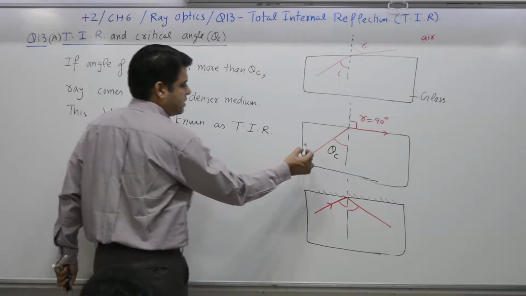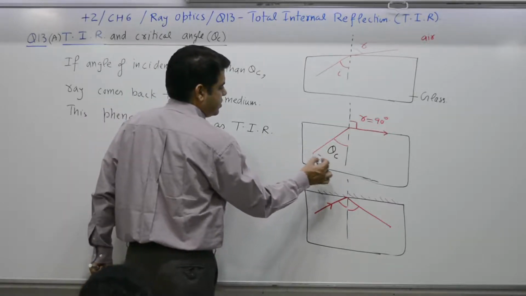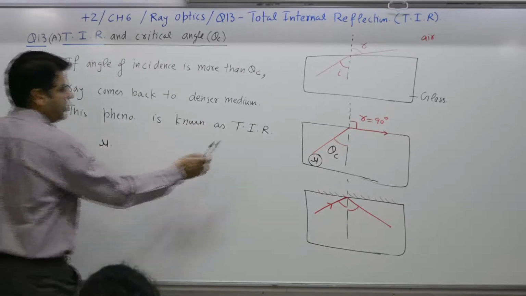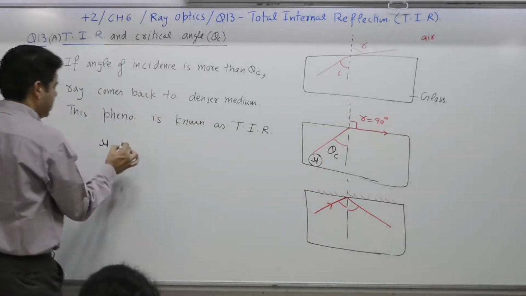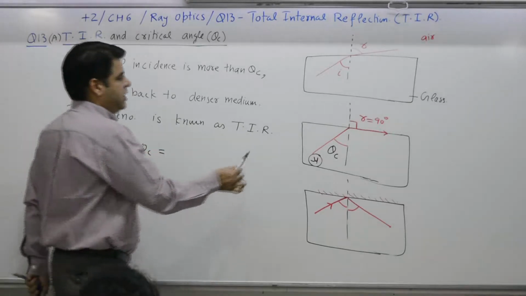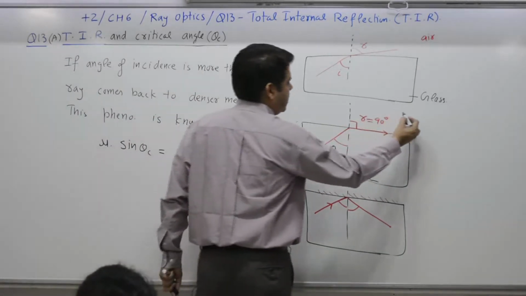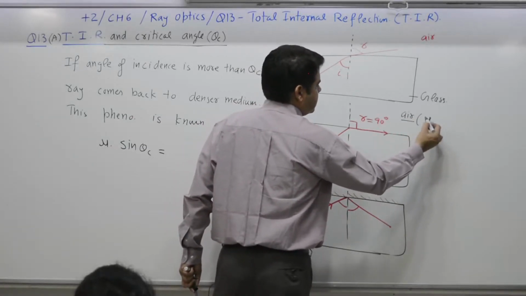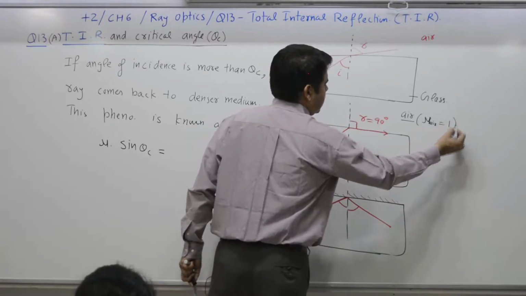Yes, this material has a refractive index nu. Snell's law: nu into sine theta critical is equal to what? It moves to the other medium. This is air. Nu for air is equal to 1.